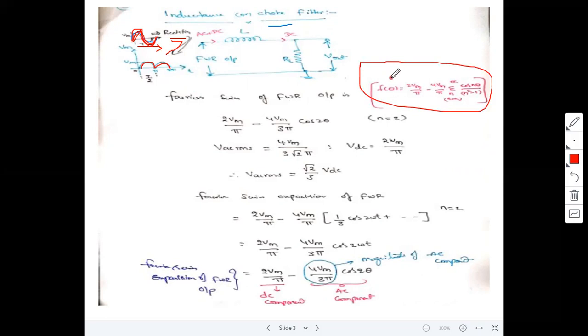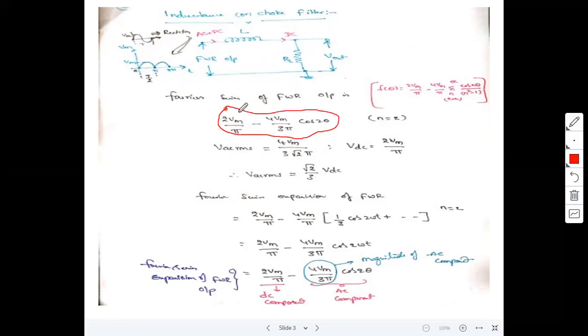When we apply the Fourier series to the full wave rectifier signal, the output is 2 Vm by pi minus 4 Vm by pi sigma, n even, starting from n equal to 2 to infinity, cos n theta by n square minus 1. This is the expression for n equal to 2.